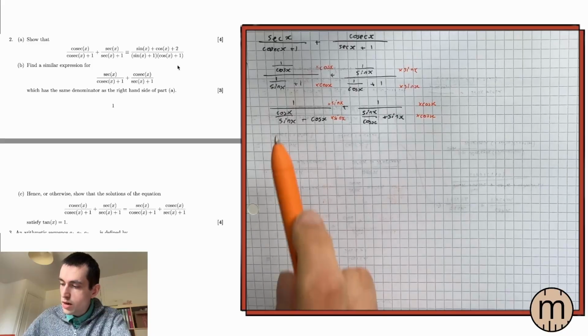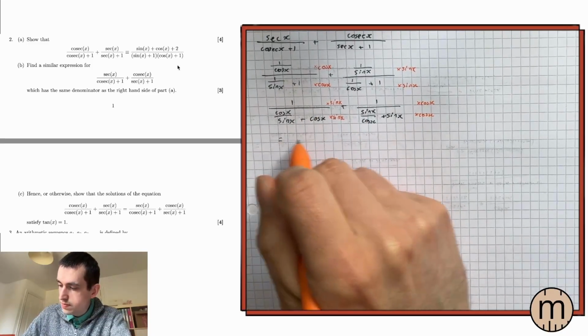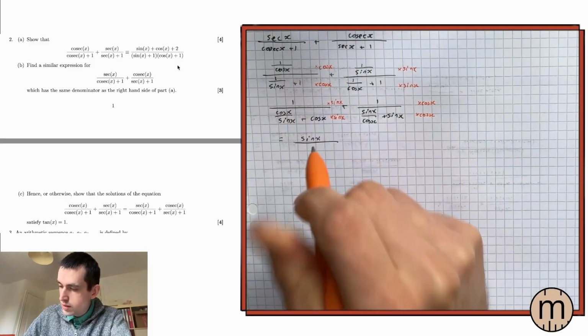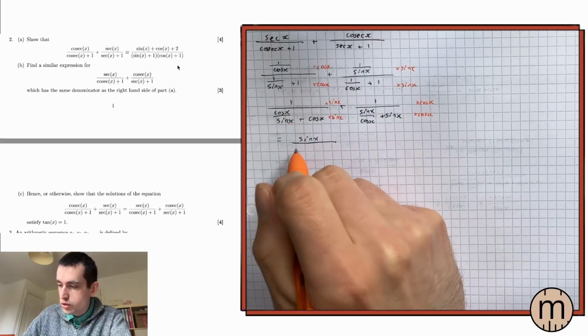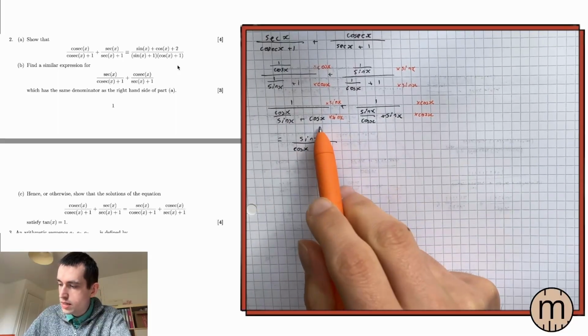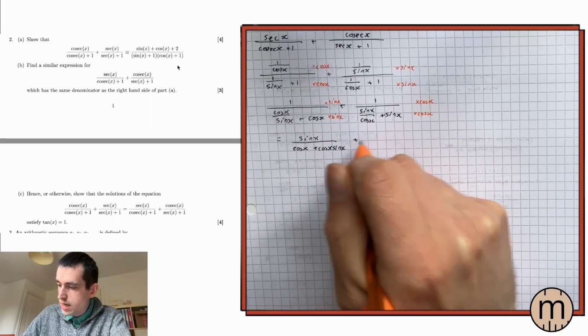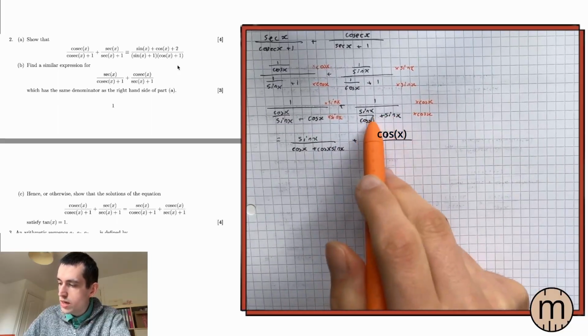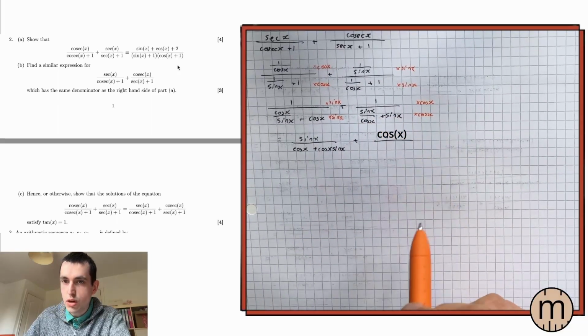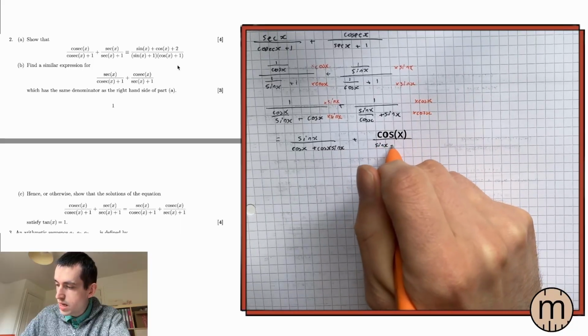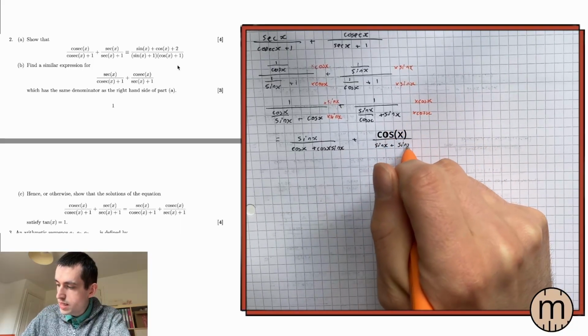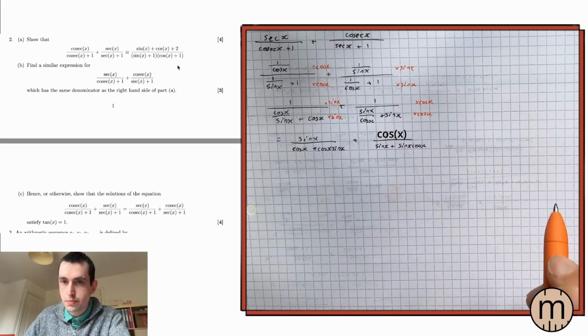If we continue this then, 1 times sine is going to give us sine. Cos over sine times sine will just give us cos. And cos times sine will give us cos x sine x. Similarly, over here, we're going to have sine over cos times cos, which is sine. Sine times cos is sine x cos x.